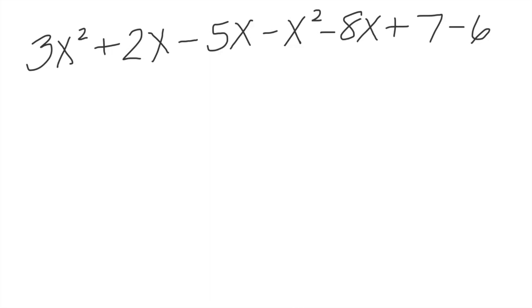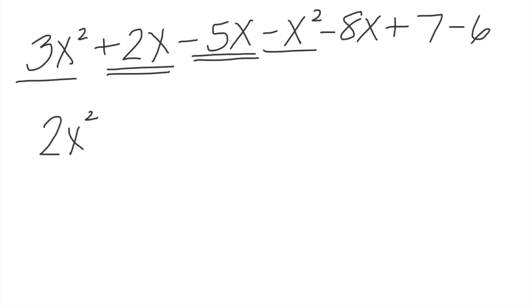Okay. So we start with the x squareds, right? 3x squared minus x squared gives us 2x squared, plus 2x minus 5x. That gives us negative 3x minus 8, that gives us negative 11x. And then plus 7 minus 6 is just plus 1.